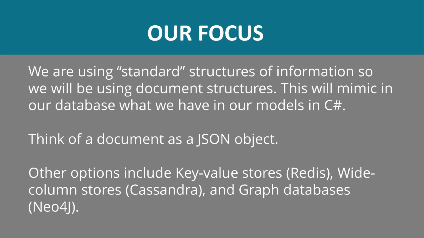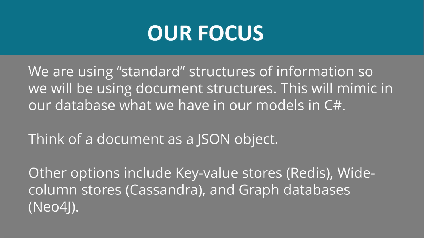In a NoSQL database there won't be the "let's break it apart into multiple tables and link it in." Nope, it's going to be one document that stores all of our information. Think of that document as a JSON object. If you've seen a JSON object, that's what a document is.